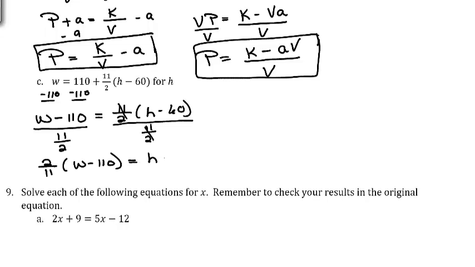So on the right now I'll just be left with H minus 60. One more thing to do, and that's to add 60 to both sides. And that will give us H is equal to 2/11 times the quantity W minus 110, and then plus 60.